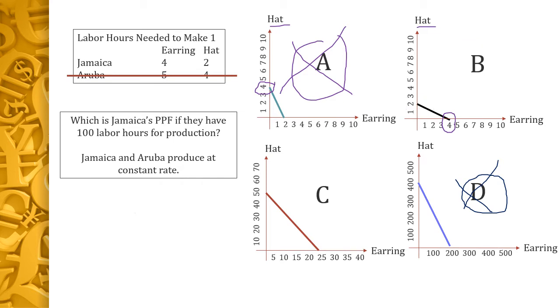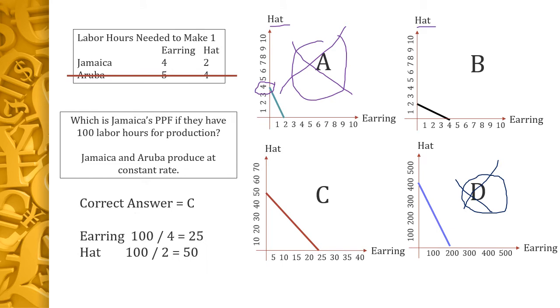You may look at C and go, well, I don't even know how they got 50 and how they got 25 because I don't see those numbers anywhere. But, hate to say it, that's the correct one. The correct answer is C because what we're talking about is 100 total labor hours, and here it's talking about how many hours it takes to do each one. So it's going to take us 4 hours per earring, so the most we can make is 25 earrings out of that 100 hours.